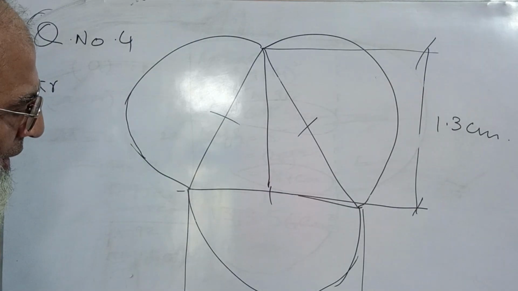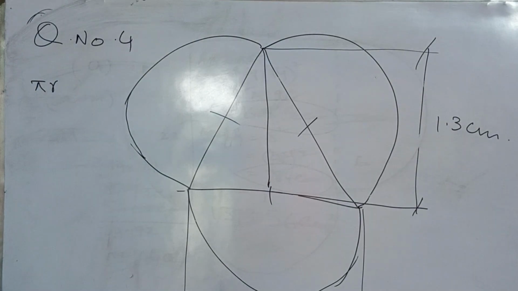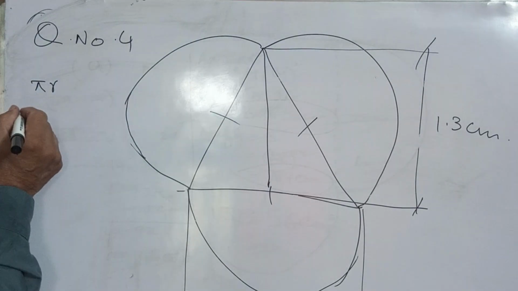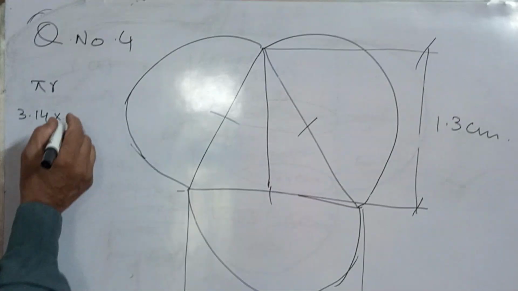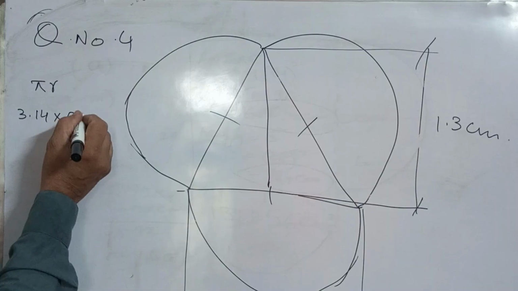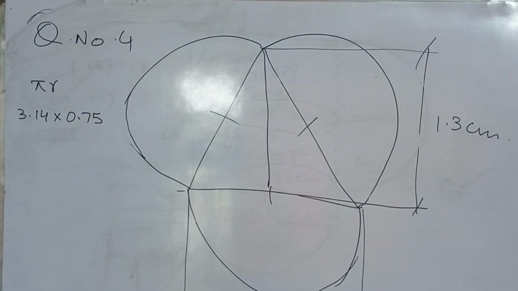What is r? R is half of this. It is 3.14 multiplied by 0.75. Is it visible? Yes, it is visible.